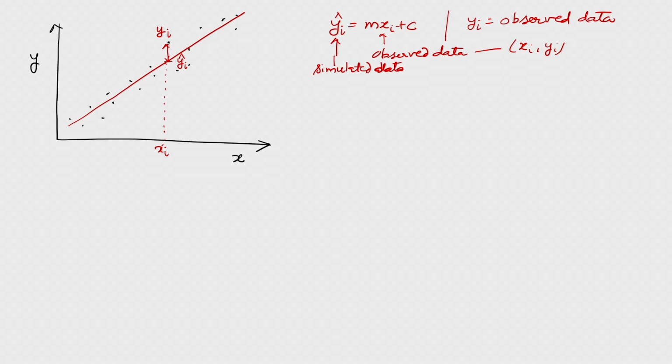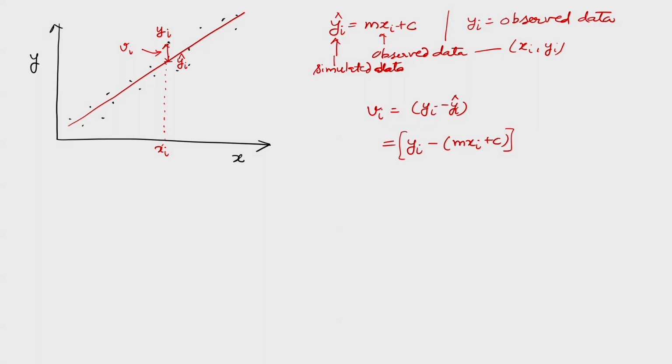Now can I find out this deviation? I call this deviation Vi. It is a deviation of the observed and the simulated data. So I write Vi equals yi minus yi hat, or I can also write it as yi, which is observed data, minus m xi plus c. I can write it this way.